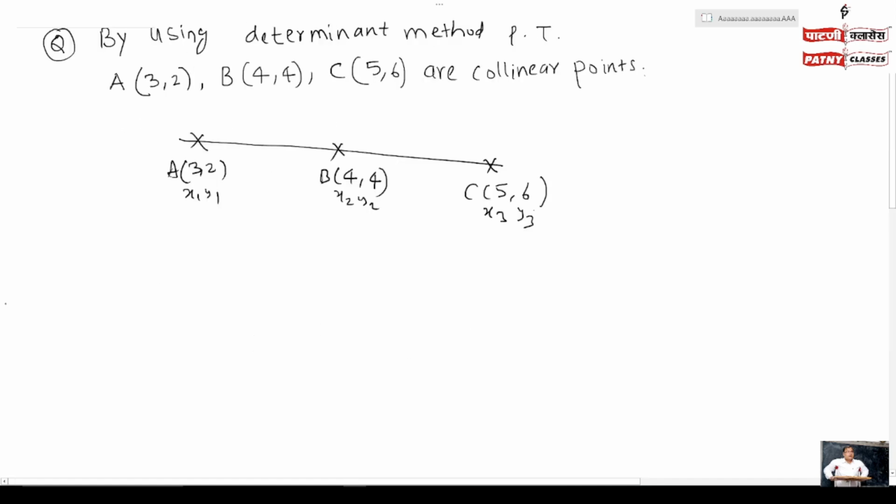By using determinant method, prove that 3 points are collinear points. We have A 3, 2, B 4, 4, C 5, 6. Let's call them x1, y1, x2, y2 and x3, y3. Now if they are collinear points, area formed by them is equal to 0.